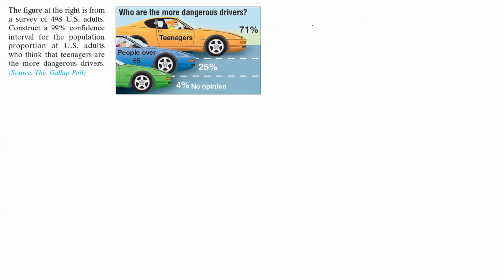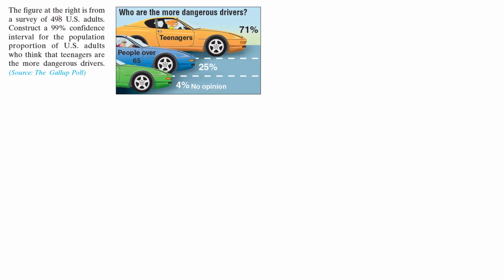Think about the following question. The figure at right from a survey of 498 US adults is given to you. So they had a survey of 498 US adults. 71% think teenagers are more dangerous drivers. 25% of 498 people think that people over 65 are more dangerous drivers.